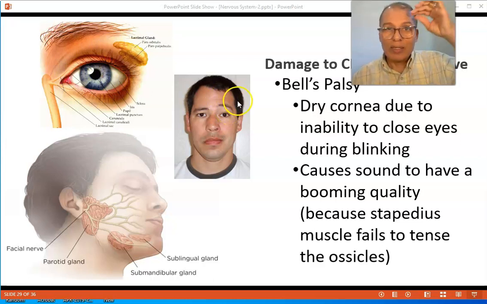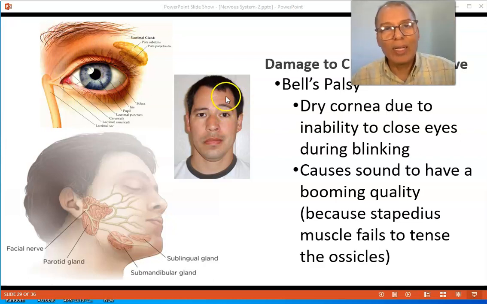You can see the wrinkles on the forehead. That is normal functioning. You can see his cheek and the side of his nose. It is rounded and closed.